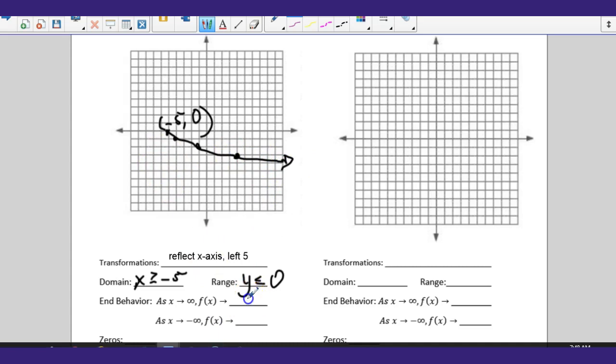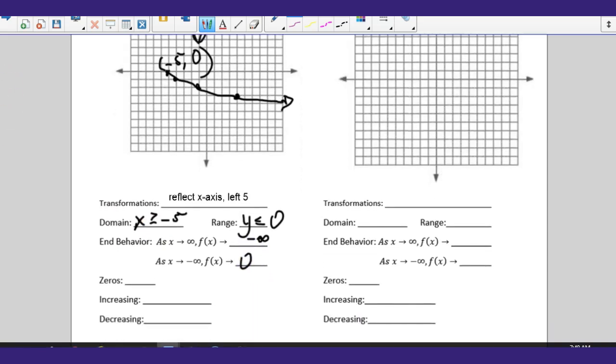So we're going to say to negative infinity. All right, this function will continue going down infinitely. It'll never stop, it'll continue infinitely. But as x goes to the left, where does the graph go? How high does the actual function or that line go? Well, it only goes up to 0. So we're going to say the function approaches 0.